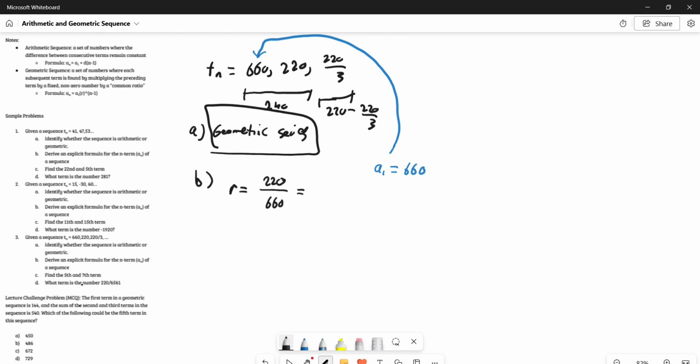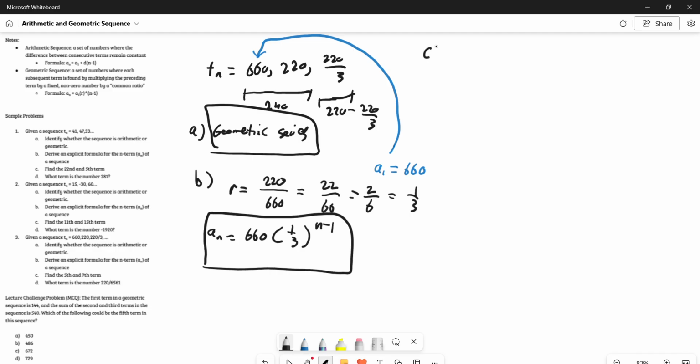We could bring out 100, right? So this is 22 over 66, and that's just 2 over 6, which is 1 over 3. Simplify the fraction down. So the formula for this is just going to be 60 times 1 over 3 to the power of n minus 1.